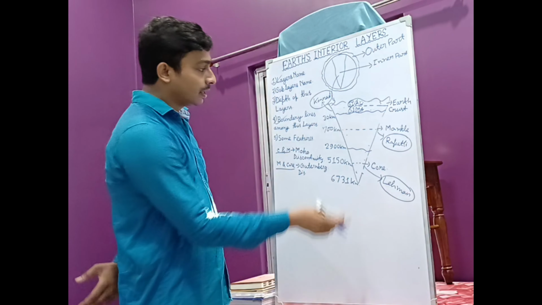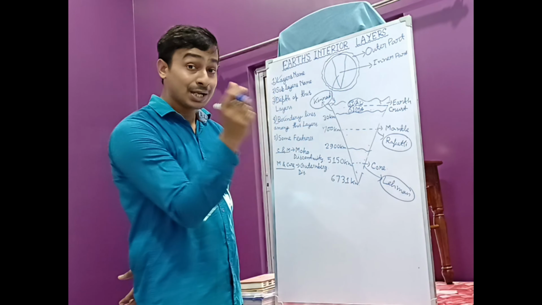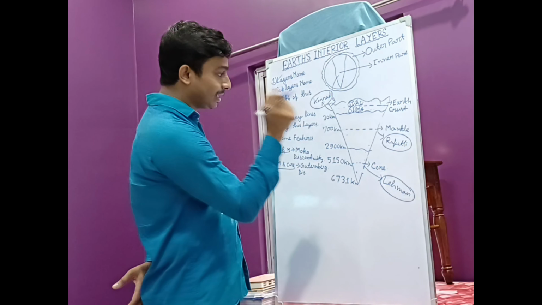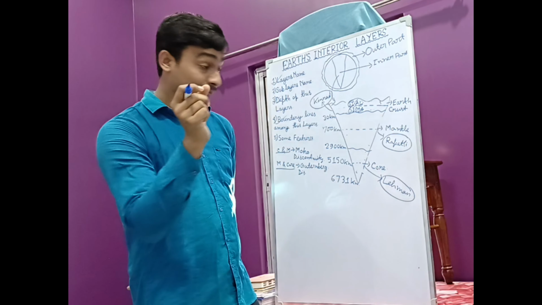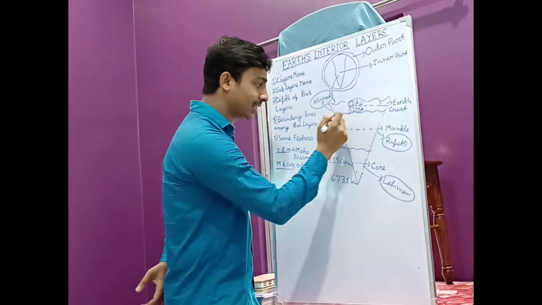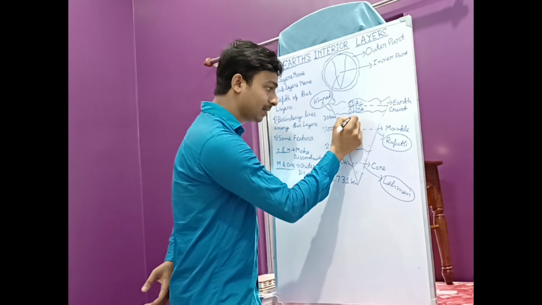Okay. Next, outer mantle is composed of chromium, ferrous, silica and magnesium. So its name is Prophesima.